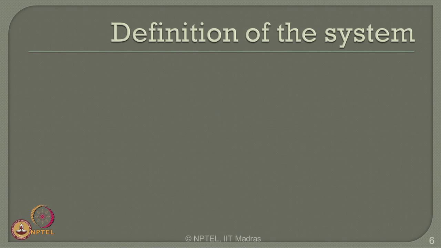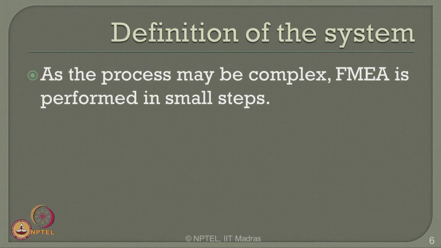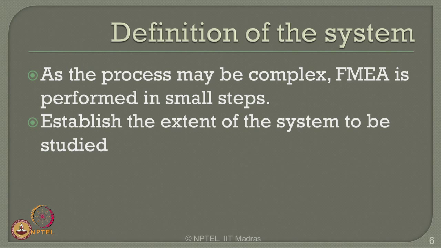Let us talk in a slightly more elaborate manner about the definition of the given system. As the process may become complex, FMEA generally is performed in smaller steps. So, FMEA is generally performed at component level. Therefore, FMEA is one of the studies which addresses component level failure. It establishes the extent of the system to be studied. The whole system obviously cannot be studied at one shot.